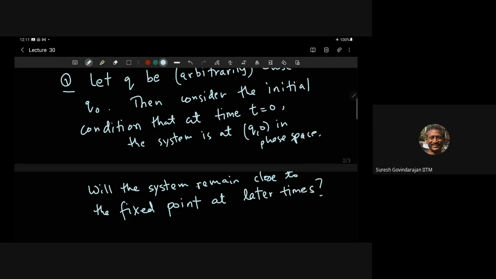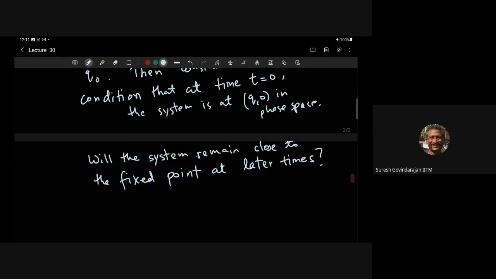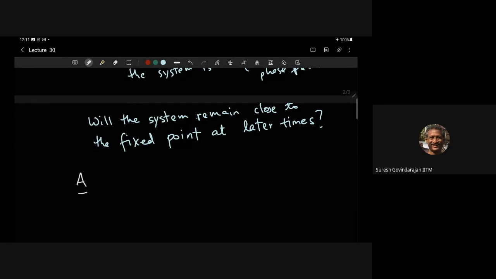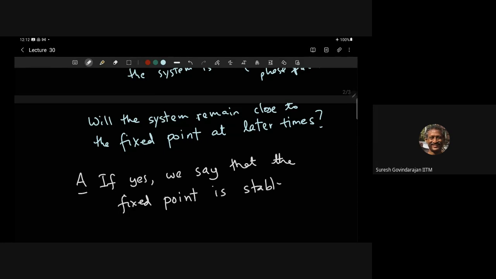Is this clear? So we are asking, if you jiggle it, move it a little bit away, will it stay close? If yes, we say that the fixed point is stable. Is this clear?